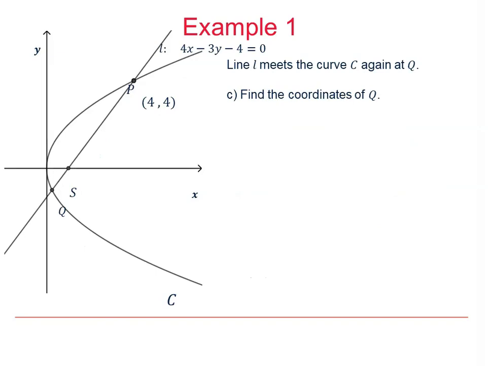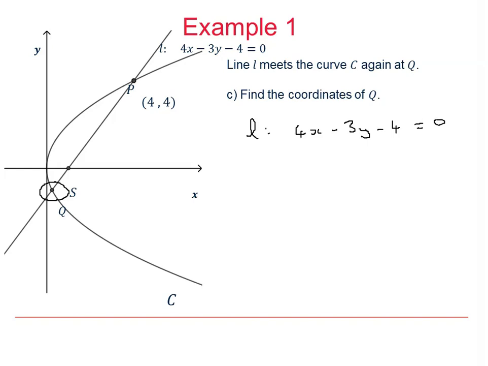The next part of the question says calculate the point at which the line again meets the curve C, in other words, work out the coordinates of Q on our diagram. We know that the equation of the line L is 4x minus 3y minus 4 equals 0.